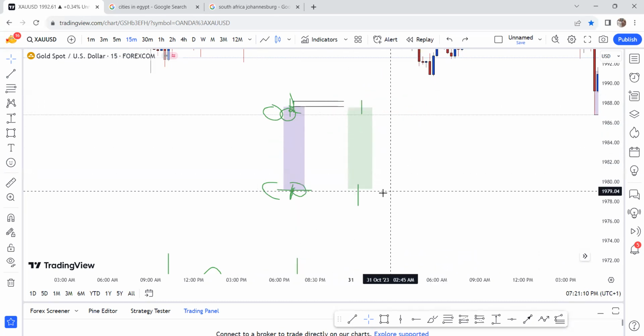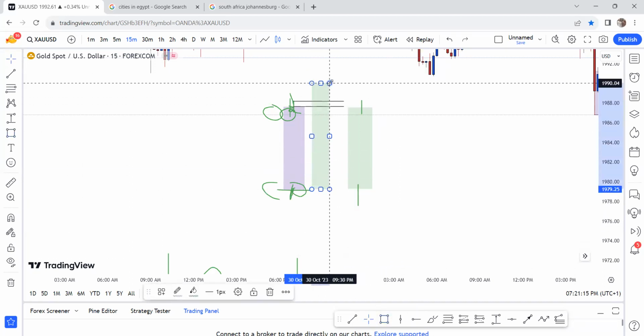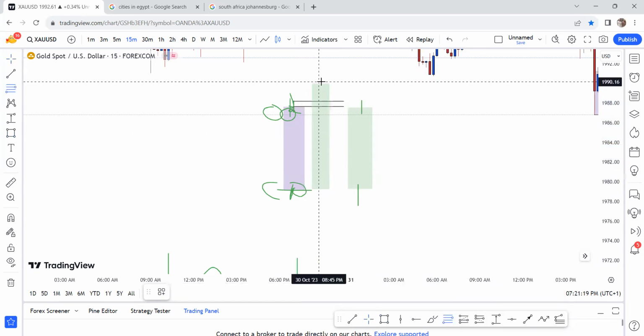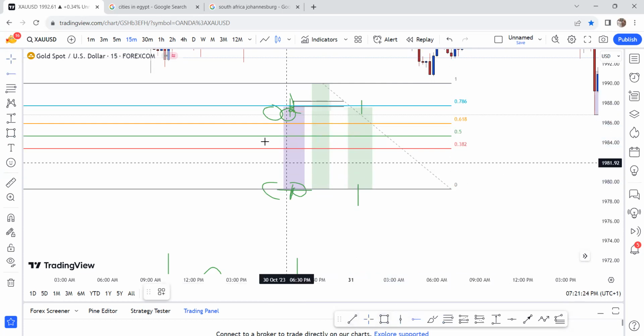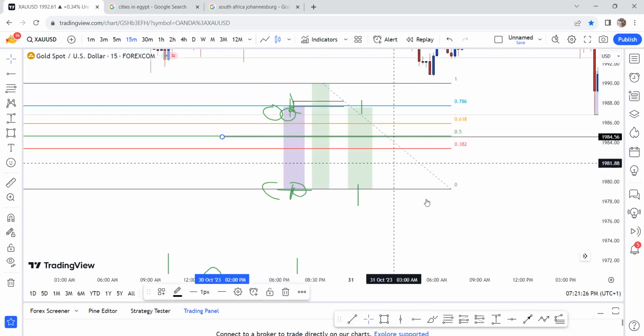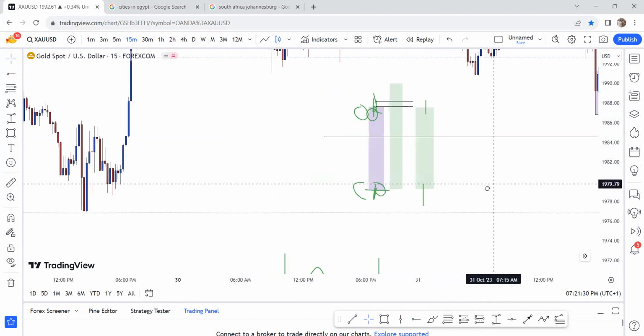Now, if price breaks above this zone, what I like to do is take the 50% of that candle. Do you understand? I'll take the 50% of that candle. That is where I'll start layering.